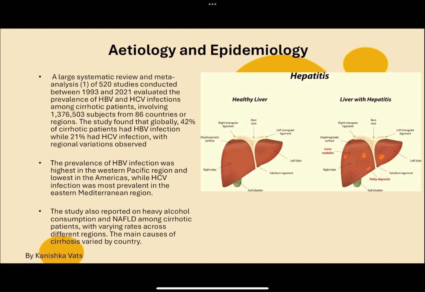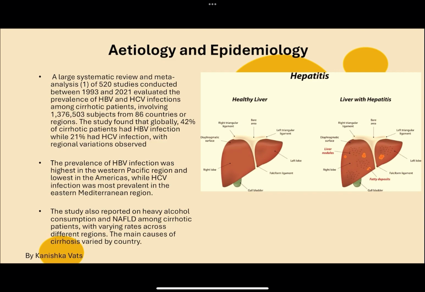This data gives us a brief idea that in the Western Pacific region, hepatitis B causes hepatic cirrhosis, while in the Eastern Mediterranean region, hepatitis C infection causes it. But this is not all.